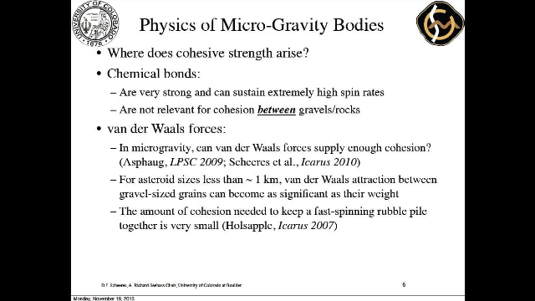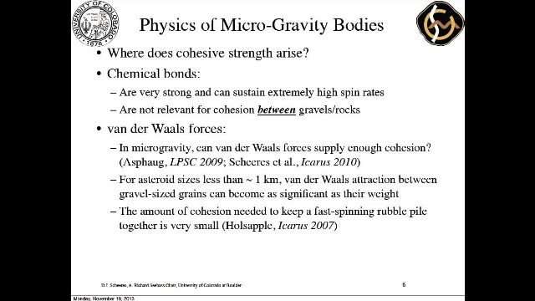What we're really interested in are the van der Waals, or molecular forces, that can actually bind these stronger blocks together with each other. And it turns out in microgravity, in particular on asteroids less than 1 kilometer, these molecular attractions between gravel-sized grains can become as significant as their weight.